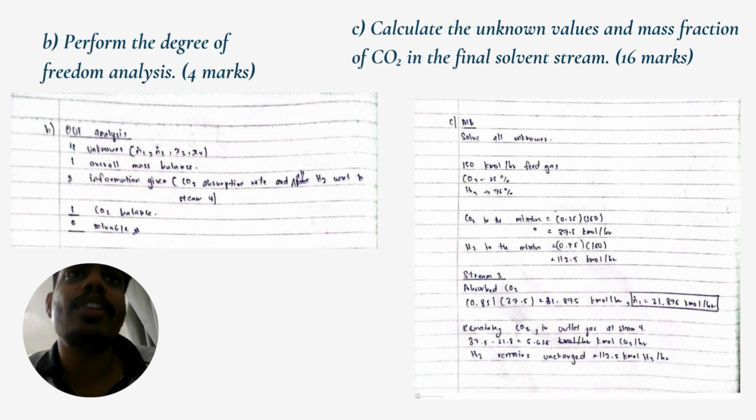So N1 is equal to 31.875. The remaining CO2 will go to stream 4, which means 37.5 minus 31.875 equals 5.625 kmol CO2 per hour. And then all the H2 will go to the outlet stream, which means the outlet H2 for stream 4 is 112.5 kmol per hour.